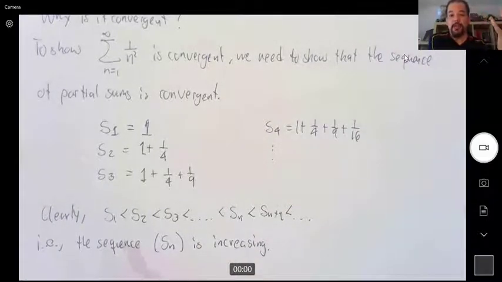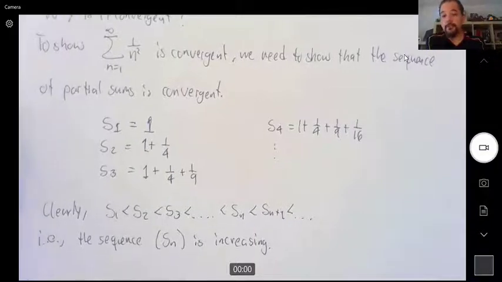So what do we need to show that it is convergent, based on the theorem we learned before? All we need to show is that it's bounded, right? And this applies, by the way, to any series, not only to this 1 over n squared. If you have a series of positive terms, the sequence of partial sums will be increasing.